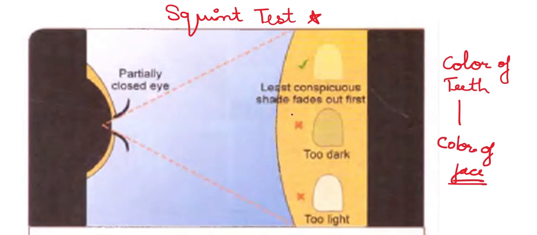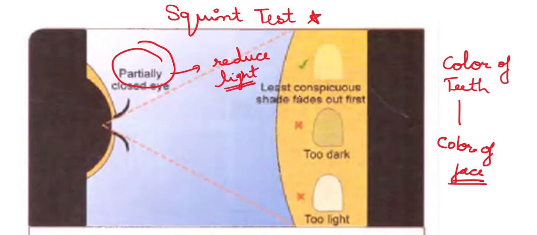The dentist partially closes their eyes to reduce the incoming light, creating somewhat blurred vision. While squinting, the dentist compares the artificial teeth of different shades with the color of the patient's face. Now the dentist notes which color tooth fades first from their view while squinting.